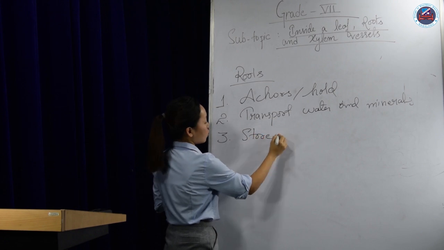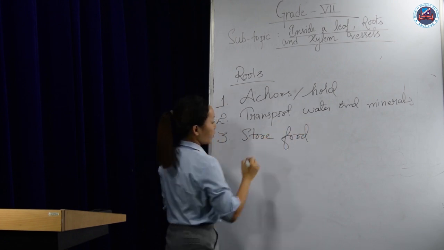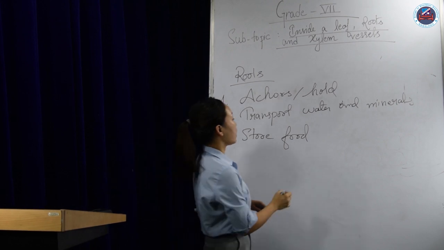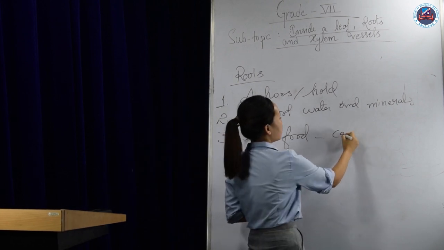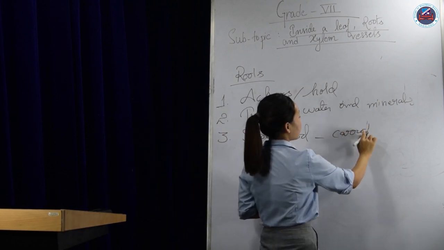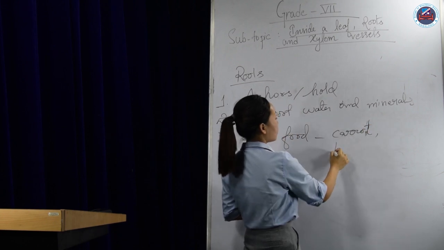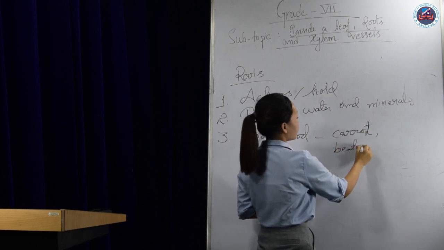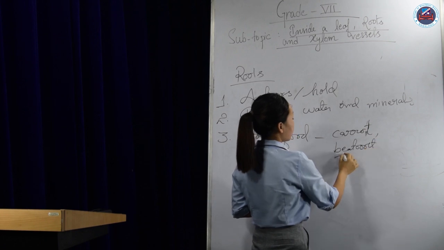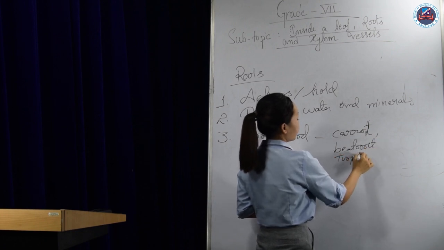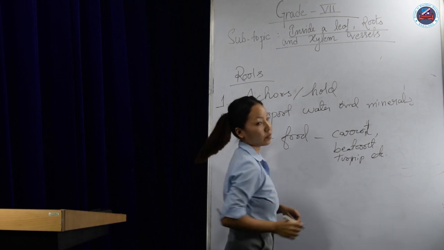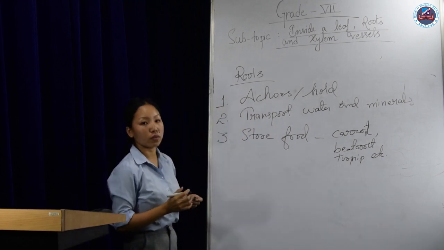So, store food. For example, we can go for carrot or beetroot, turnip, and so on. So these are some of the functions of the roots.